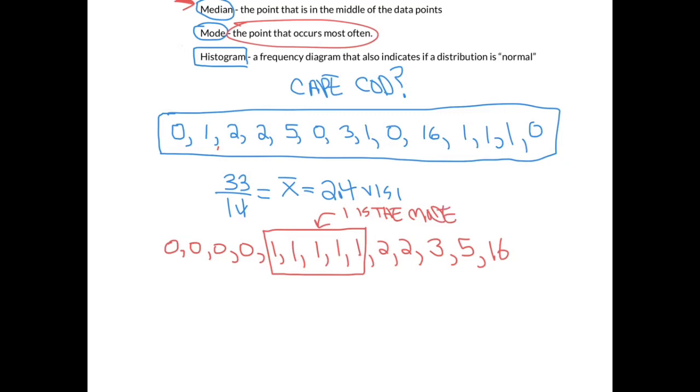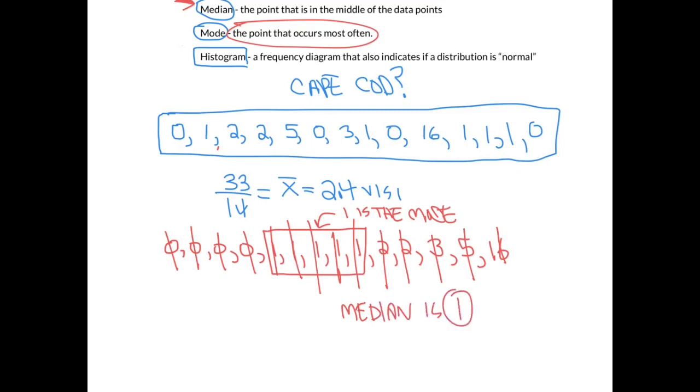But to get the median, we just want to find the point in the middle, so we just start crossing off 1 from either side. And pretty soon it's going to be obvious that the median is actually between 2 1s, so the median is going to be 1. So median is 1 also.